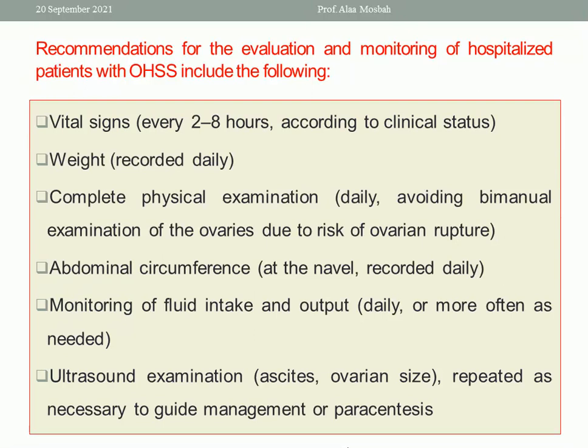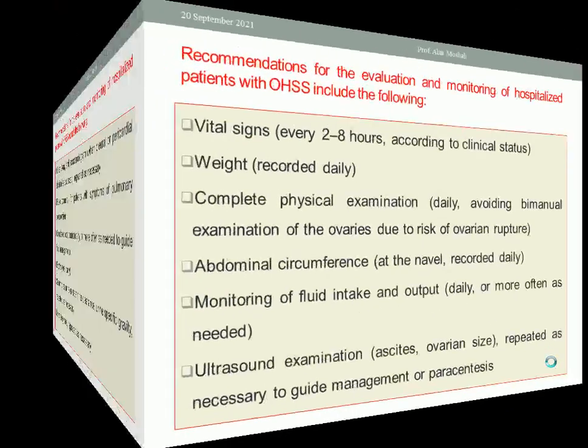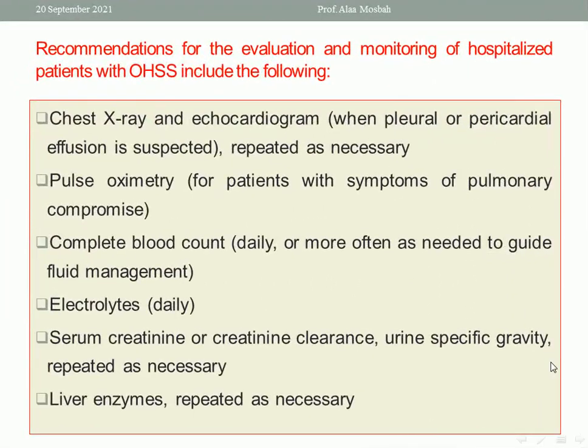Ultrasound examination for ovarian size and ascites, repeated as necessary to guide the management or the paracentesis. Chest X-ray and the echocardiogram when pleural or pericardial effusion is suspected. Pulse oximetry, especially for patients with respiratory symptoms. CBC daily is important.